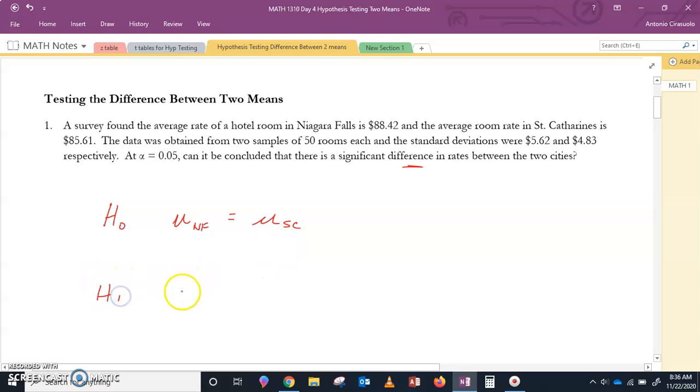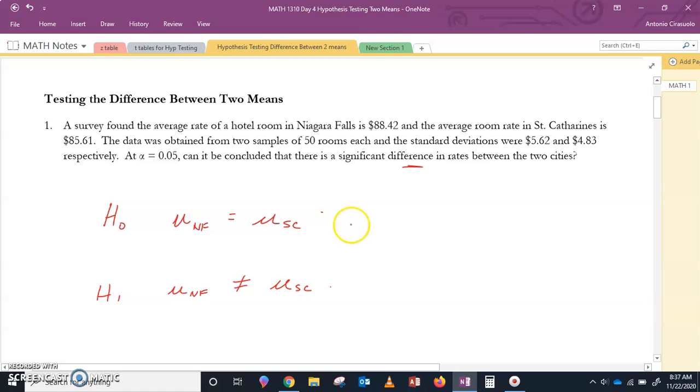The alternative hypothesis would then be the mean for Niagara Falls does not equal the mean for St. Catharines. So just like before, we would write equality for the null hypothesis and the inequality for the alternative.